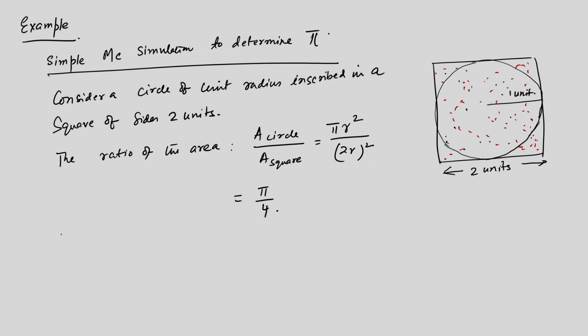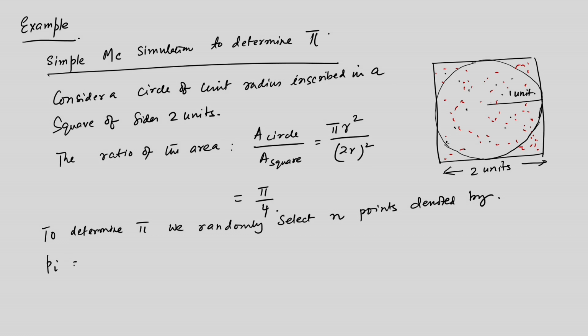So, to determine pi, we randomly select n points denoted by p_i equal to (x_i, y_i) for i equal to 1 to n.